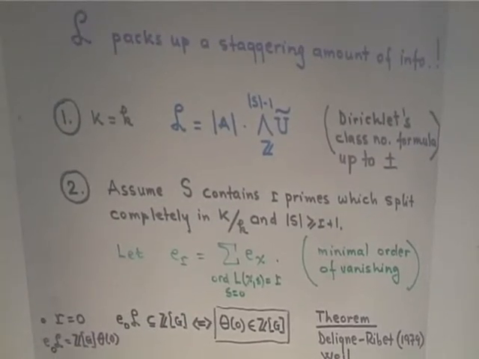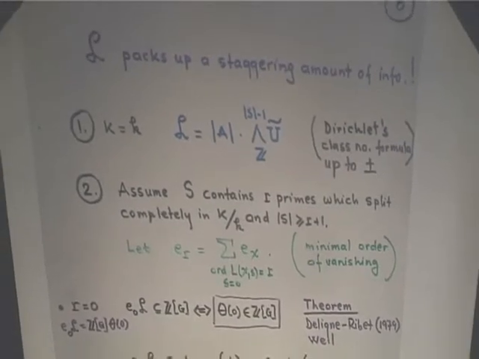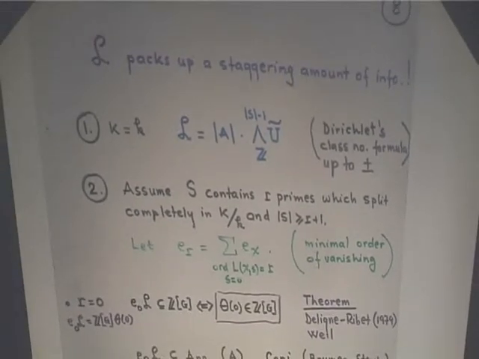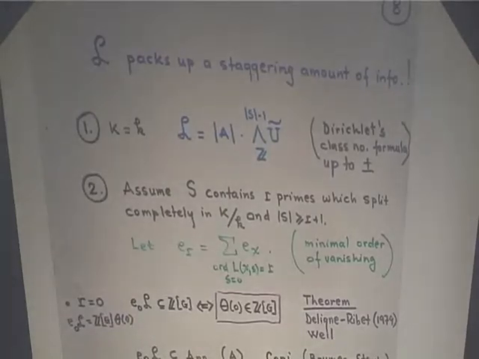So for example, let's look at the simplest possible example, where capital K is equal to little k. That is, the Galois group is the trivial group. Then Dirichlet's class number formula is equivalent, up to a plus or minus sign, to saying that the lattice is nothing else but the order of this ideal class group A that I mentioned earlier, times the exterior power over Z of U modulo its torsion.